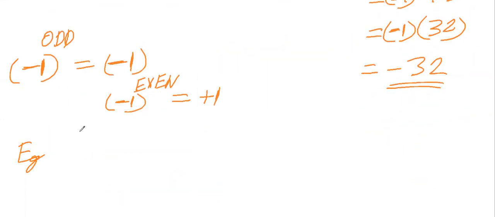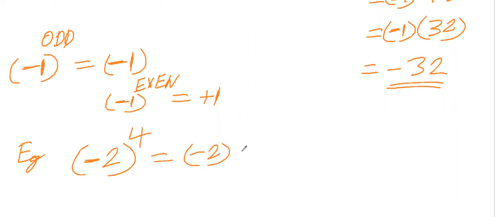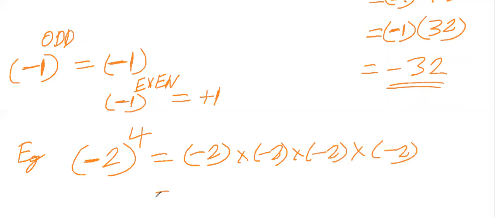Example of even exponent. So here I'm writing minus 2 to the power of 4. So what I'll do, I will do minus 2 into minus 2 into minus 2 into minus 2. So minus into minus, this will become plus. Minus into minus, this will again become plus. 2 to the 4, 4 to the 8, 8 to the 16. So plus 16 will be the answer in this case. Understood?